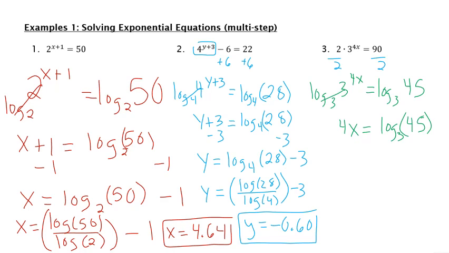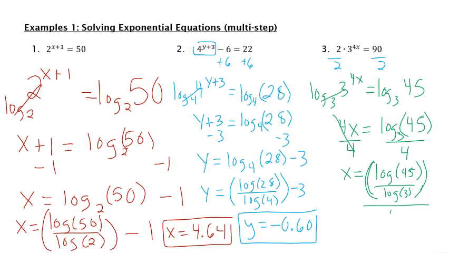And then I'm going to divide both sides by 4. Now we do have to do the base change formula here. So I would have the log of 45 divided by the log of 3. And so our calculator could actually handle doing all of that, and then we would divide the whole thing by 4. So our final answer would be 0.88.